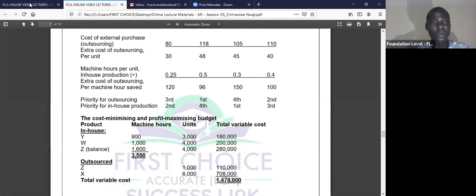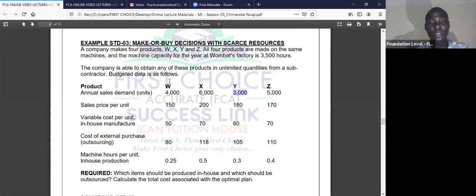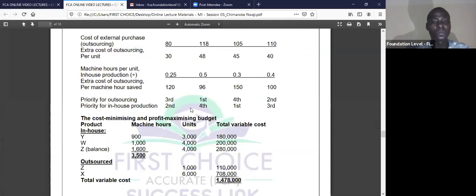What about W? W is needing 4,000. So that's 4,000 here. We look at W again. What is the labor hours per unit? 0.25.